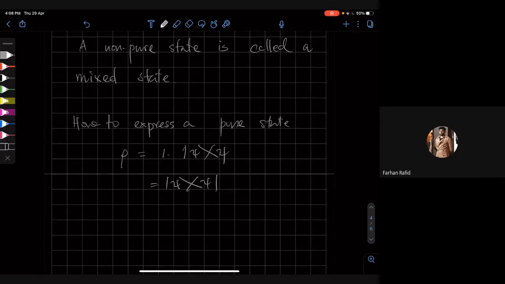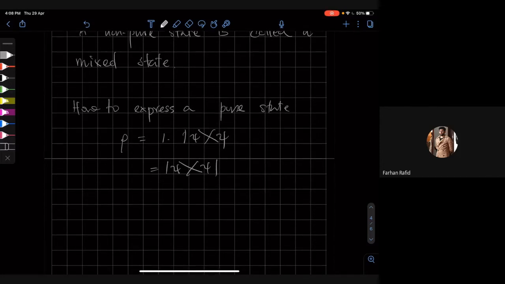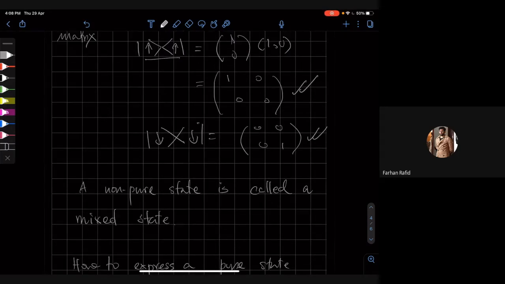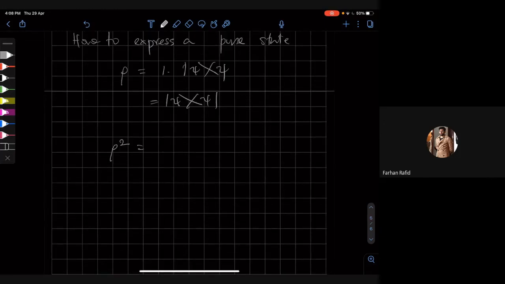Now, one thing about pure states is that if you take the square of a pure state, you take this guy, for example, you get 1, 0, 0, 0 times 1, 0, 0, 0, which is 1, 0, 0, 0. And this is a general result. For pure states, rho squared is equal to rho.